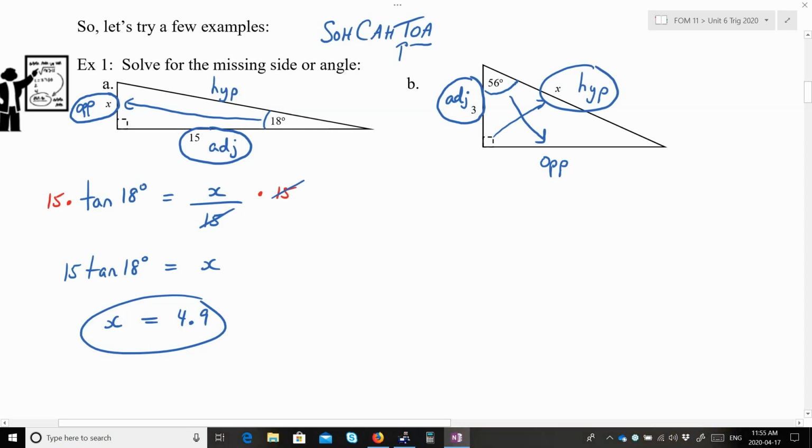So which ratio deals with adjacent and hypotenuse? It would be cos. So you go cos of 56 degrees equals the adjacent is 3, the hypotenuse is x, and we solve this for x.